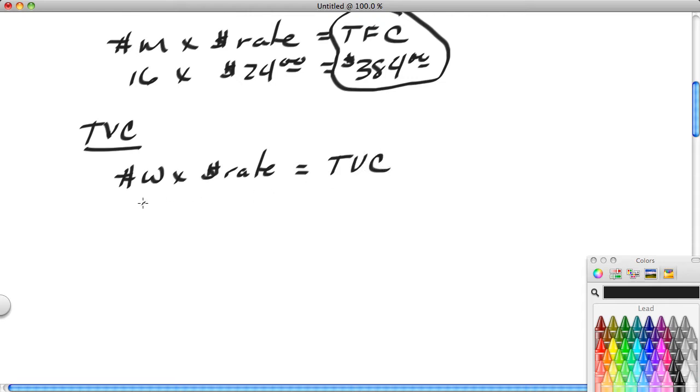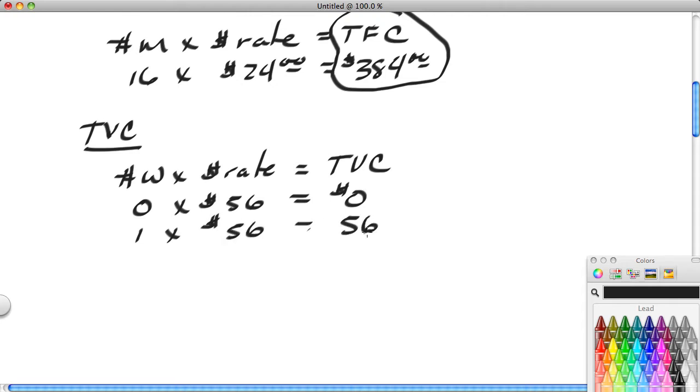So number of workers could be 0 times a rate of 56, total variable cost of 0. 1 worker times a rate of 56, total variable cost, this is per day, of 56. 2 workers times 56 equals 112, and so on.